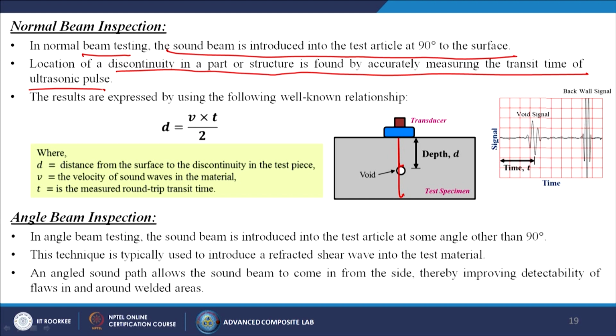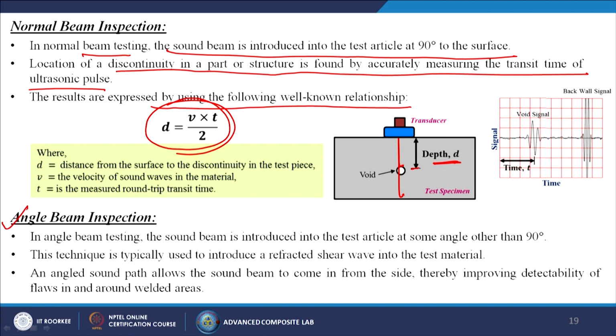As I told already, the results are expressed by using the well known relationship, d equal to v into t by 2, where d is the distance from the surface to the discontinuity in the test specimen. So, here you can see this is the d. v is the velocity of the sound waves in the material itself, t is the measured round trip transit time. So, what time it requires to go and come back.